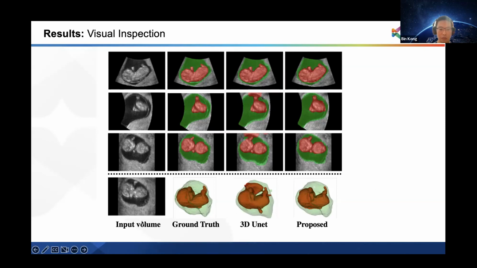So this is the input, right? And the second column is the ground truth, and the third column is the result obtained by the 3D unit. And as you can see, this one, the result is not satisfactory, right? The uterus prediction leaks into the outside of the uterus, right?